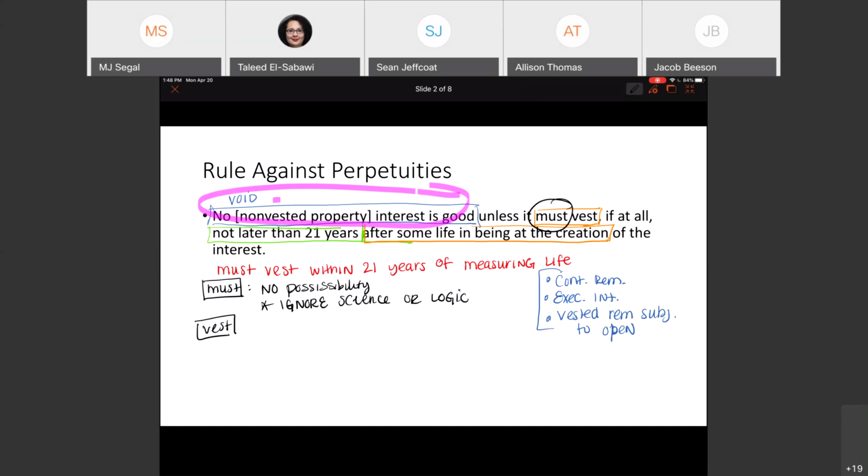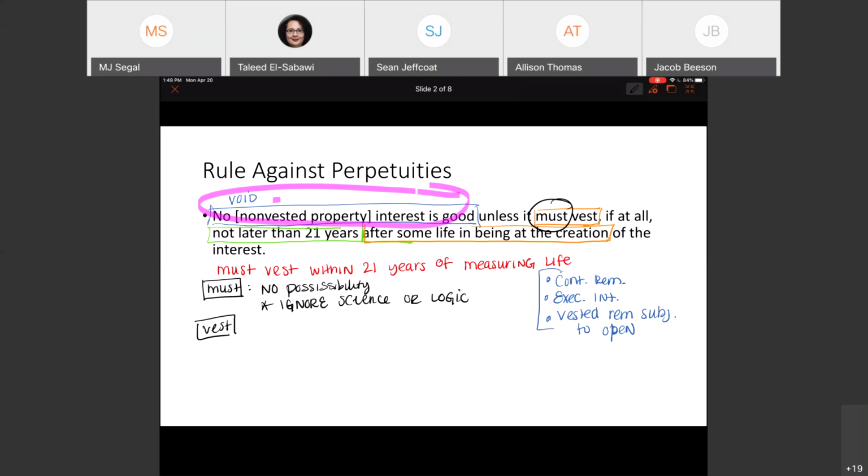I'll repeat that again. In my view, what all of those definitions have in common is that they discuss a guaranteed right. It's guaranteed because no condition needs to occur for the transferee to have that right.